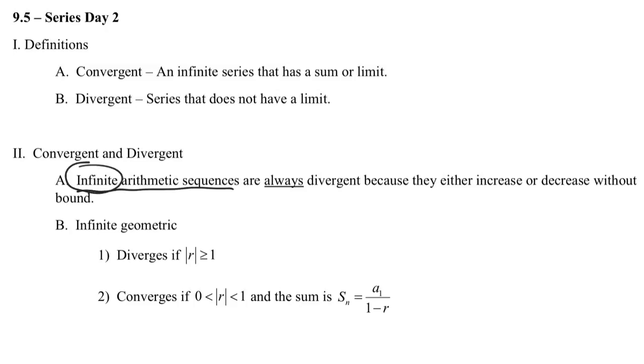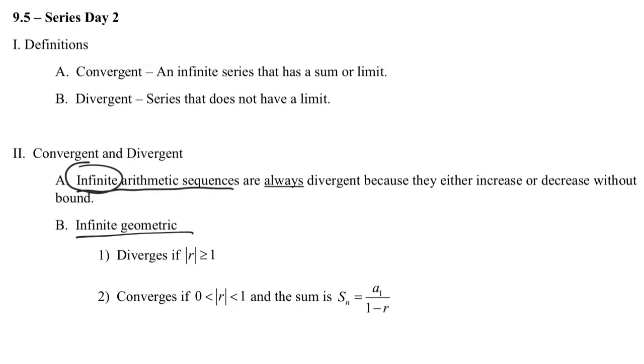And again, I want to emphasize that we're talking about infinite arithmetic series as opposed to finite, which we did earlier in the notes. And so if the series is arithmetic and it's infinite, it diverges, end of story, period, you're done.